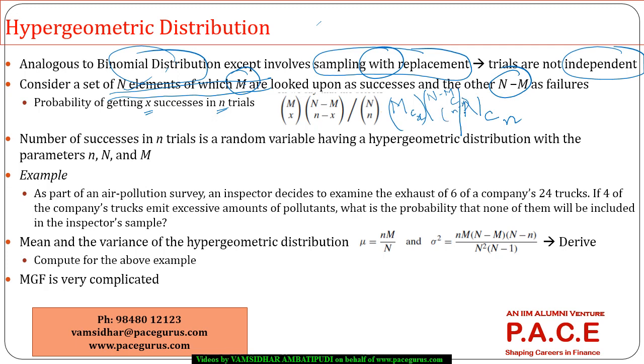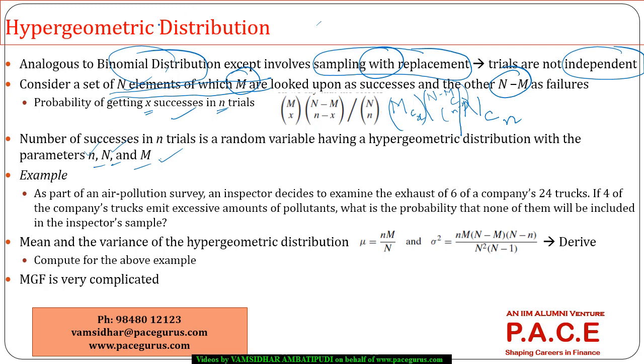So the probability of getting x successes in n trials follows a hypergeometric distribution with parameters n, capital N and M. M is the overall number of successes, capital N is the overall number of elements, the population space, and small n is the number of trials.